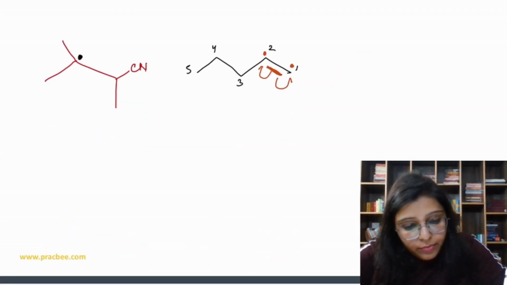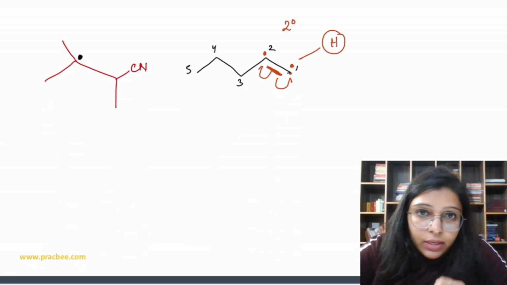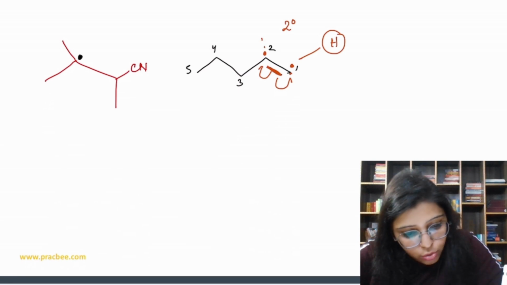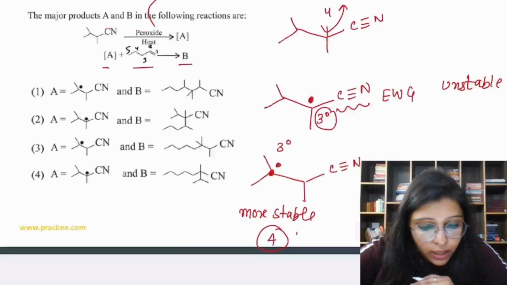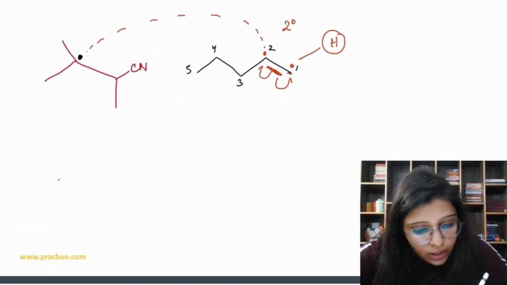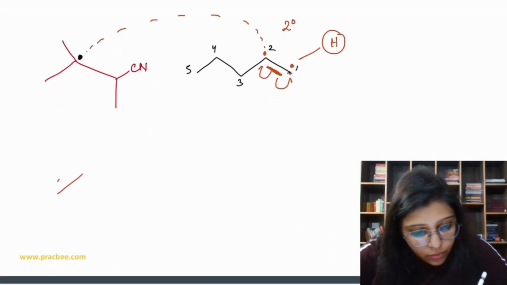We have to join with number 2, because this is the 2-degree free radical. So from 1 we can join with hydrogen. Then we get a 2-degree free radical, which is more stable. So let's join this. On the basis of that, we get this.